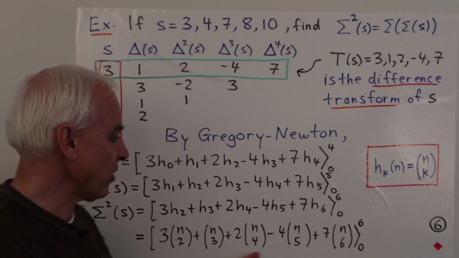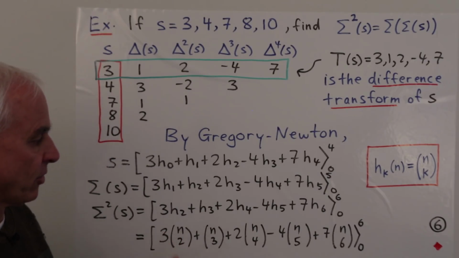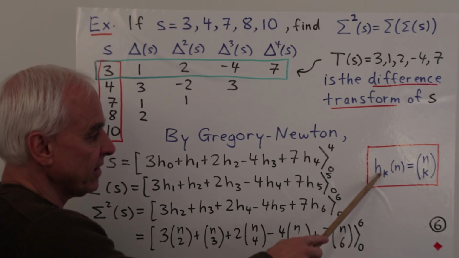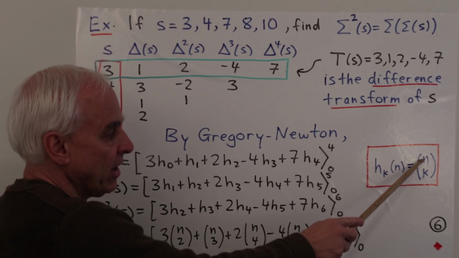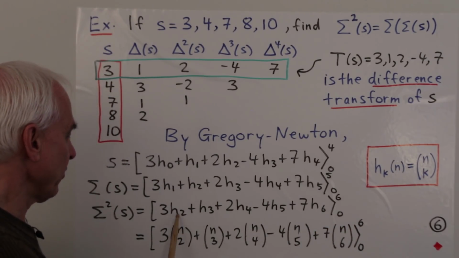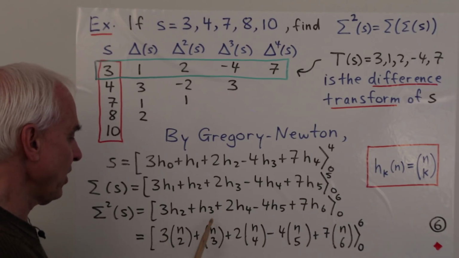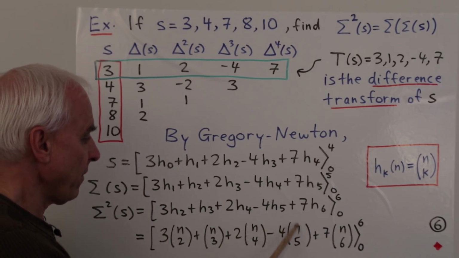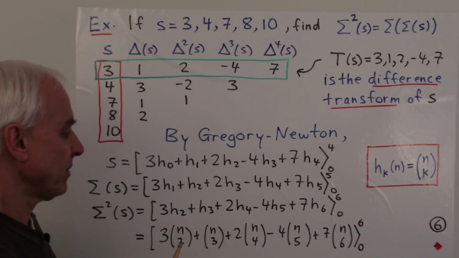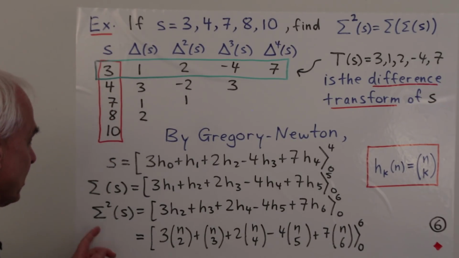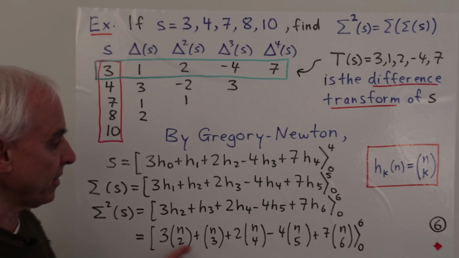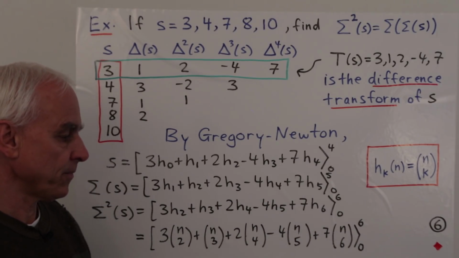So if we want to write down what it is in terms of value n, well, we would use the fact that the kth Harriot sequence evaluated at n is n choose k. So we can replace h2 here with n choose 2, n choose 3, n choose 4, n choose 5, n choose 6, and then we could obtain an actual polynomial that passes through the values here. It's a polynomial of n.